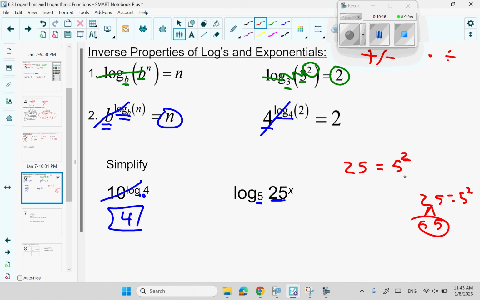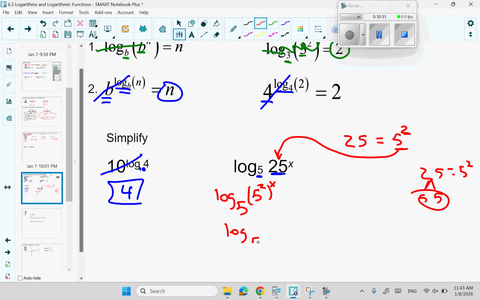So all I'm going to do is replace 25 with 5 squared. So I have log base 5 of 5 squared to the x. Well, the 2 and the x are getting multiplied, so I get log base 5 of 5 to the 2x. And now these numbers are the same, which means they cancel out, and all I'm left with is 2x.